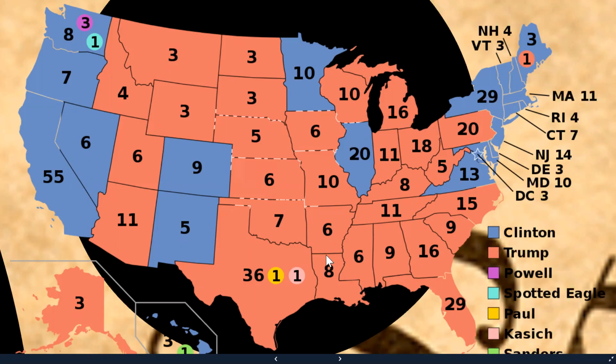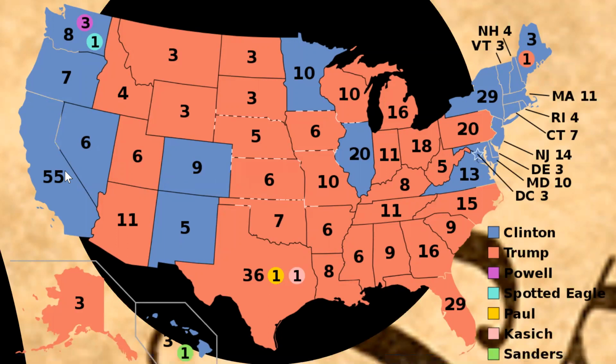And Trump won states, got votes from states that are not that populated. And the electoral college number is decided by how many people live in the state, how many voters there are. So New York has a ton, California, Illinois. So all these states with high numbers of electoral votes is because there's a very large populace.